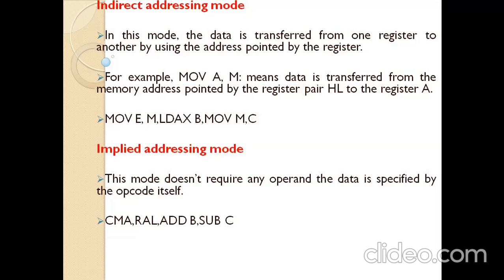There is no operand. For example, CMA means complement accumulator, rotate accumulator left, ADD B, SUB C. These instructions consist of only opcode. So it is called implied addressing mode.